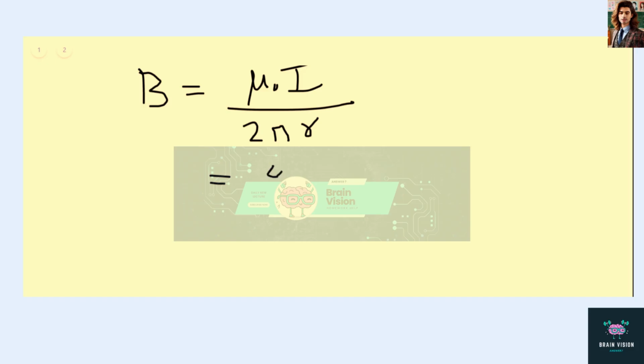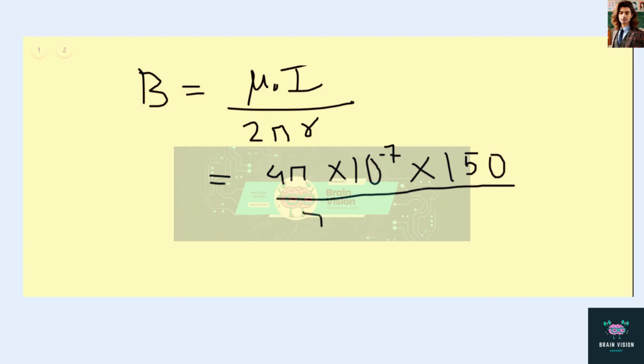It's the magnetic permeability of the free space, and its value equals 4 pi times 10 raised to negative 7 times the current, which is given to us. It's 150 amps divided by, again, 2 pi times the distance at which we want to measure the magnetic field from the current carrying conductor. And in our case, the distance is 8 meters. So I write 8 here.